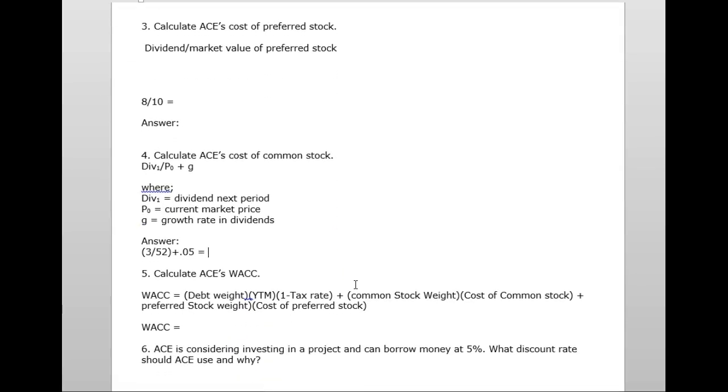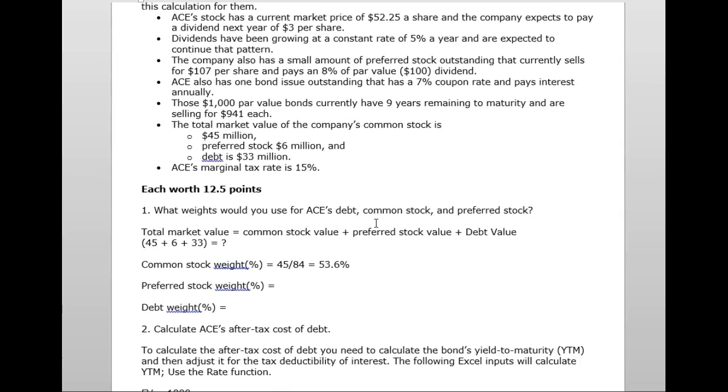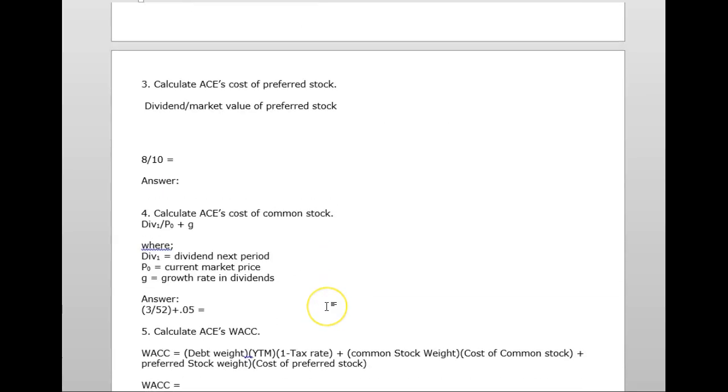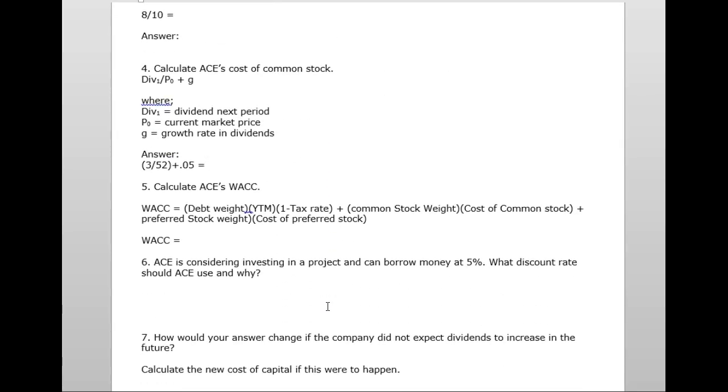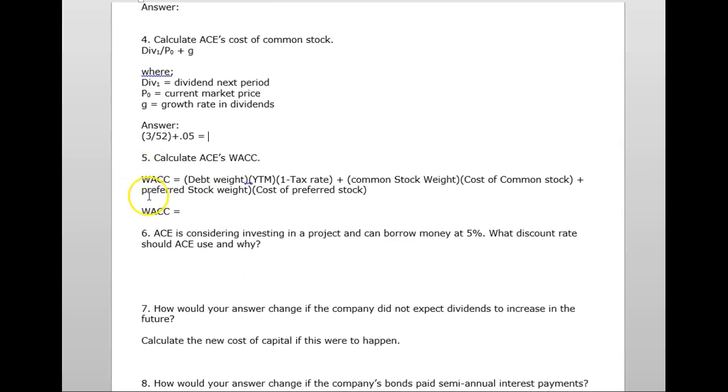Now what the heck do you do with them? Well, remember these weights you found up here? You're going to bring those down, and now you're going to do the WACC. The WACC is going to take the debt weight times that yield times one minus the tax rate, plus the common stock weight times the cost of common stock, plus the preferred stock weight times the cost of preferred stock.